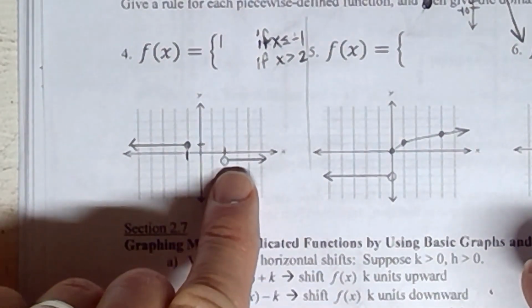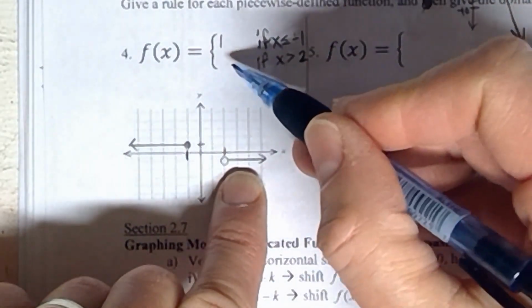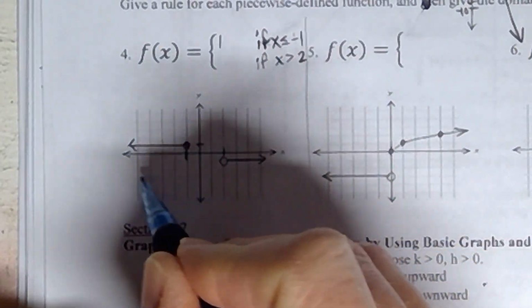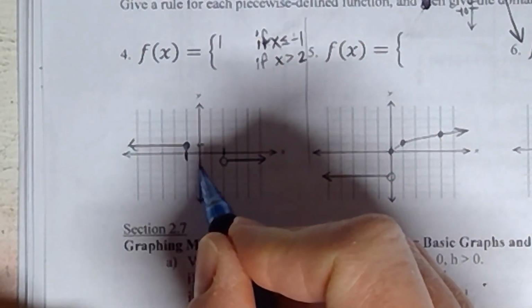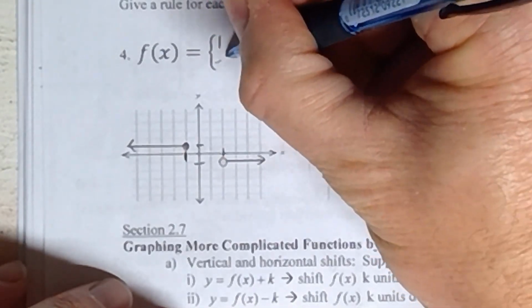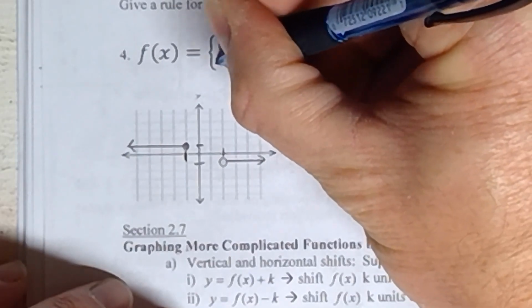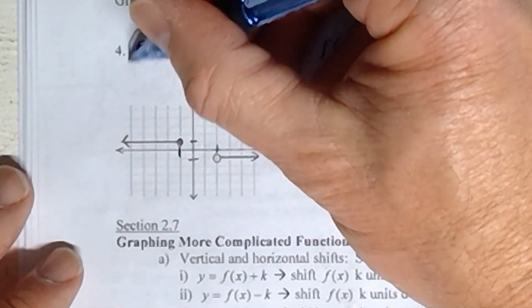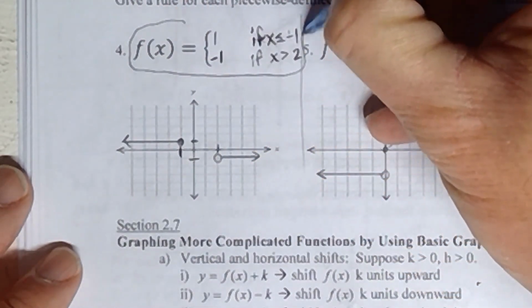And since this is also a horizontal line, it's also going to be just a constant number, no x. And because if you graph the whole thing all the way through, it would go through y equal to -1, that means that this number is going to be -1. And that's all you got to do. That is the entire answer right there.